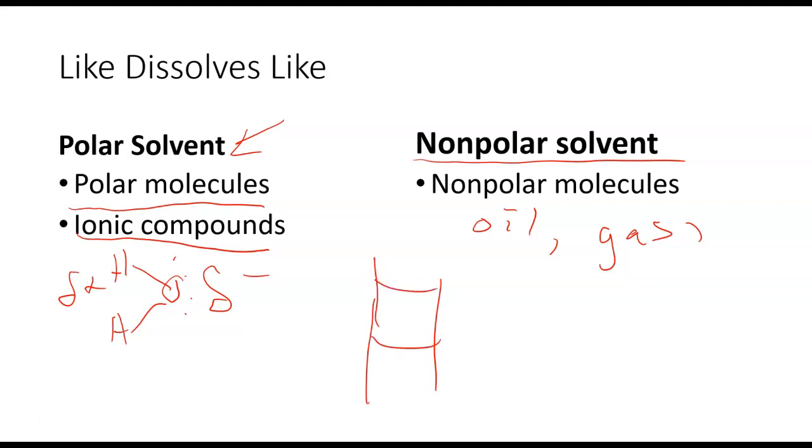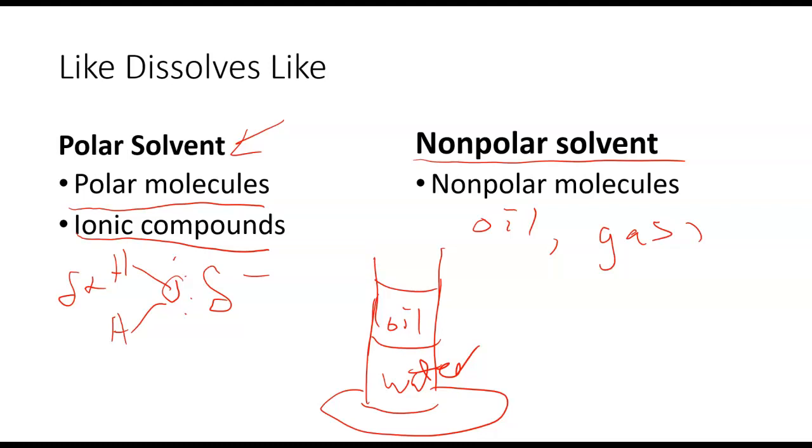So if you put oil and water into a tube, you can do this at home if you have these around, you'll end up with a layer of oil and a layer of water. So oil, water. And you can actually see this layer if you do this experiment.